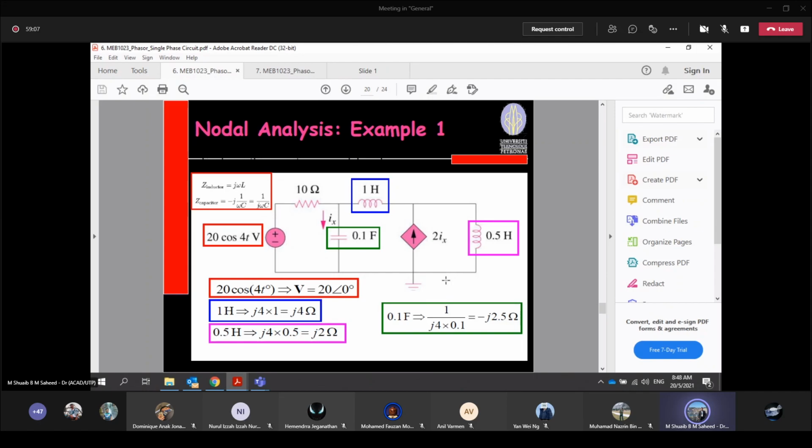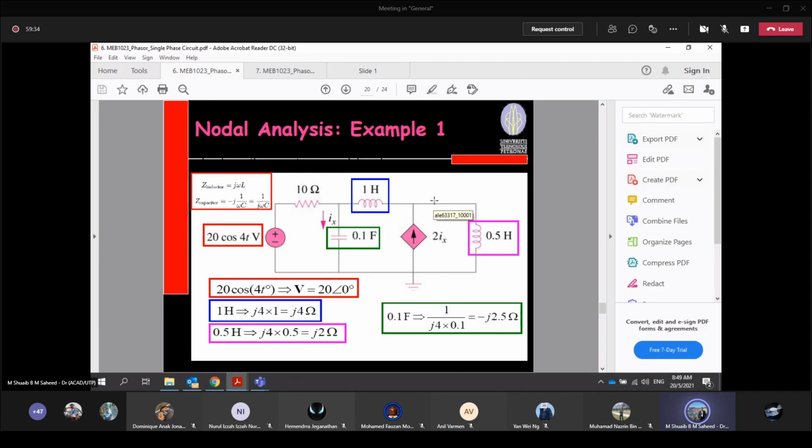Uniformity. Remember this, guys, uniformity. The units must be uniform. Now you have ohm, Henry, and farad; they can't meet with each other. They must be synchronized. So how do we convert the inductance value to reactance? XL equals j omega L.